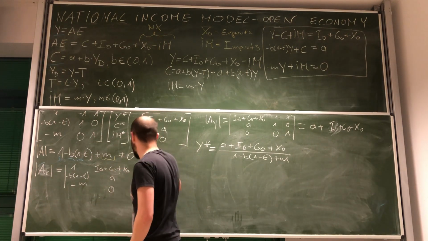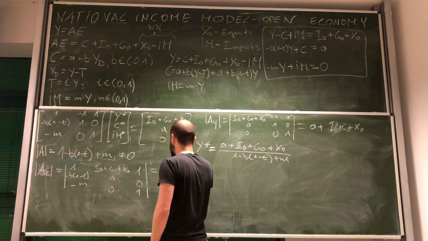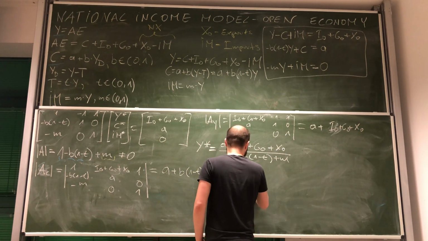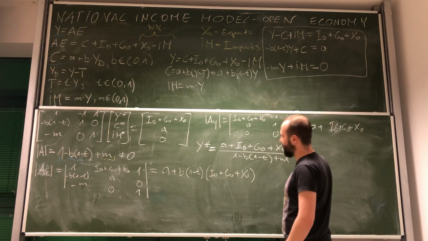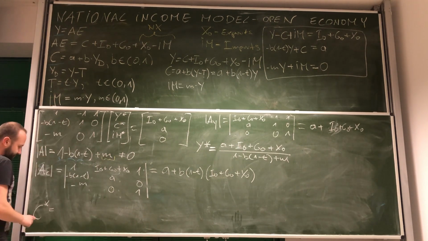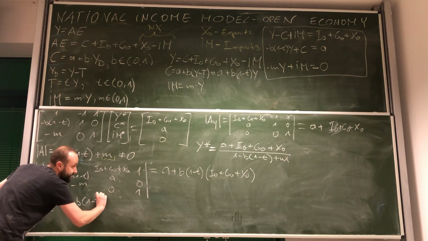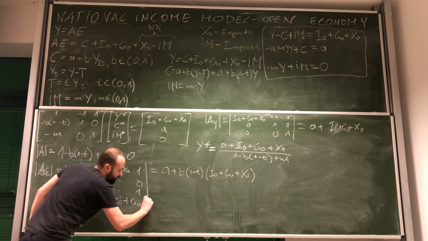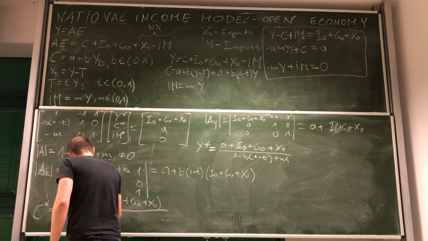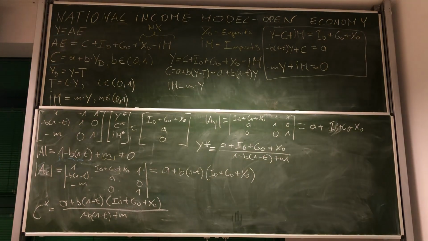We get A, then 0, 0, 0, 0, plus B times 1 minus T times I0 plus G0 plus X0, and this is how we get our expression for equilibrium consumption, which is given by, of course, A plus B times 1 minus T times I0 plus G0 plus X0, divided by 1 minus B times 1 minus T plus M. Right?